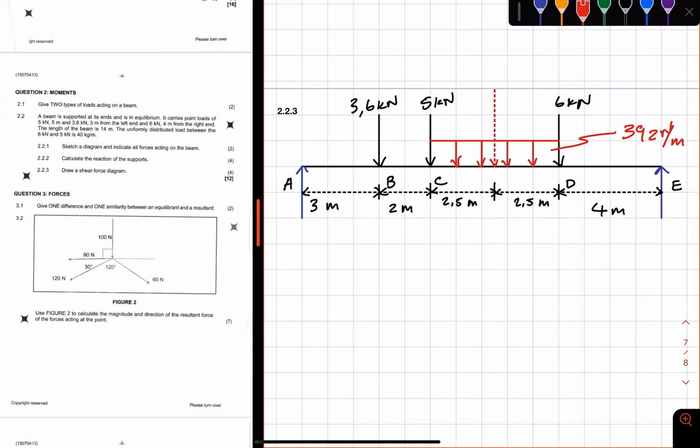Now, on points where we have to take into consideration the UDL, at those points we are going to section the beam on either side of the point. Meaning what? Meaning you don't just section on the right hand side of the point, but you section on the left hand side of the point as well, right? I'll show you what I mean by that just now.